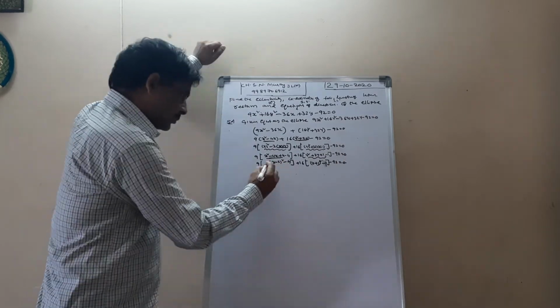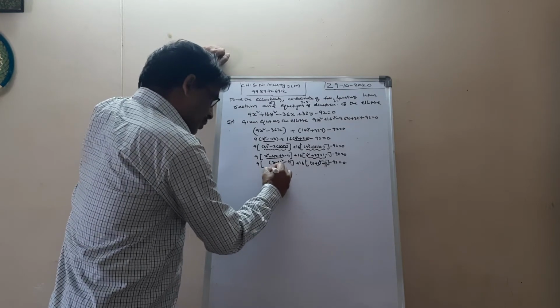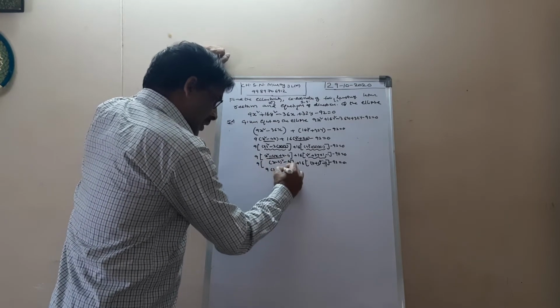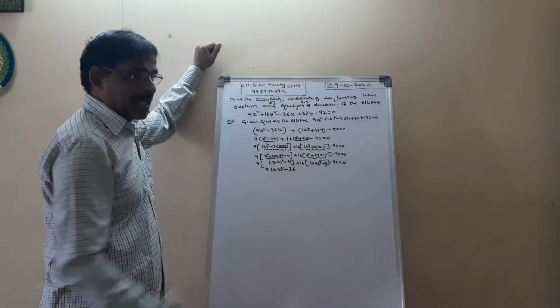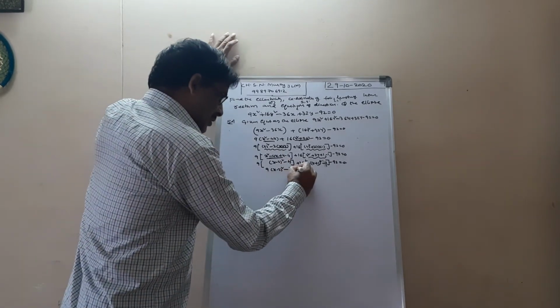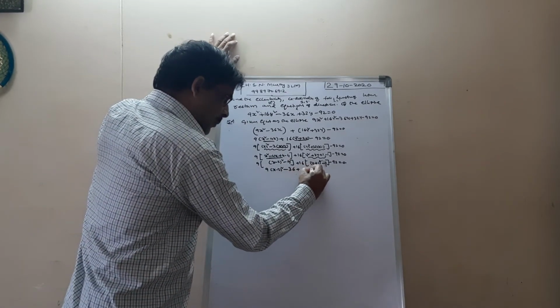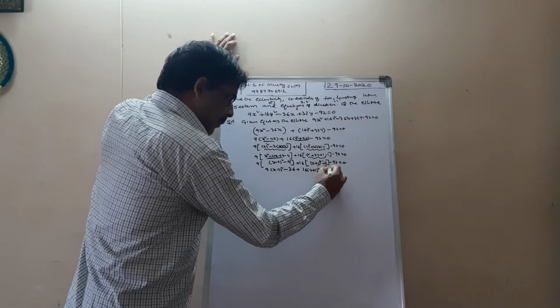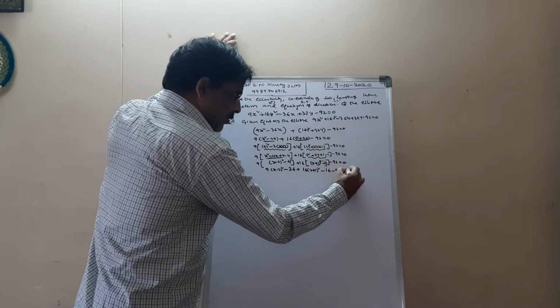Or 9 into x minus 2 whole square minus 36, 9 fours are 36, 16 into y plus 1 whole square minus 16 minus 92 equal to 0.